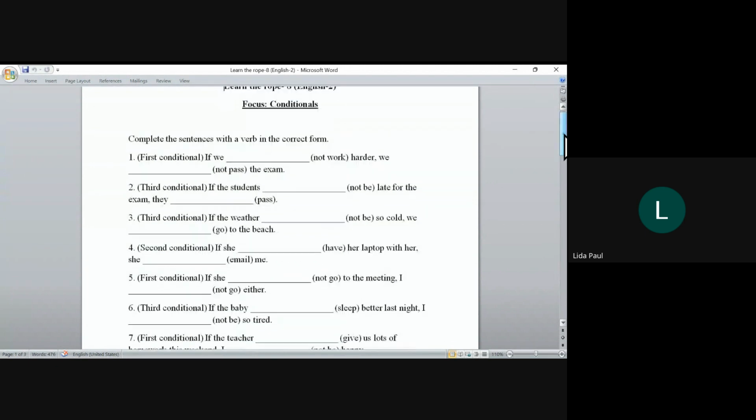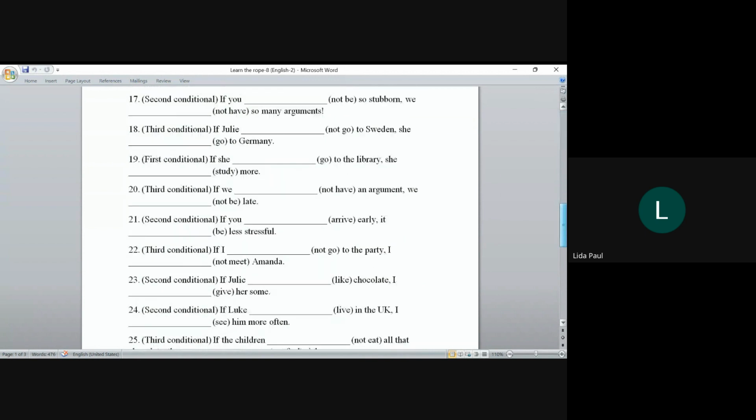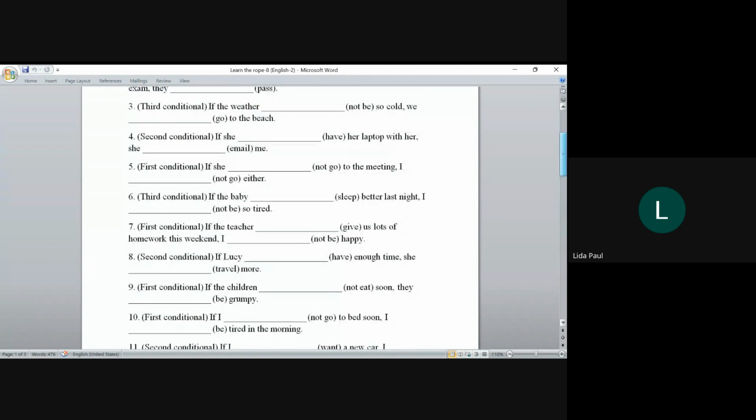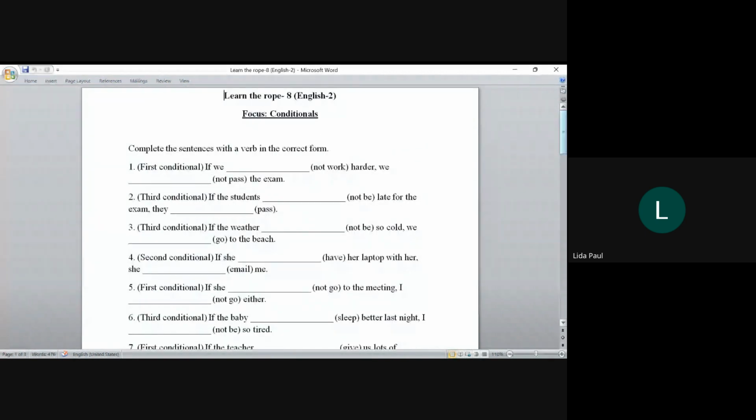I think there are about 30 questions. I do not know if we'll be able to finish all of them, but let's see how many we can do. First question, we have to complete in the first conditional format. How will you change the verbs so that we can convert the sentence into a first conditional clause?